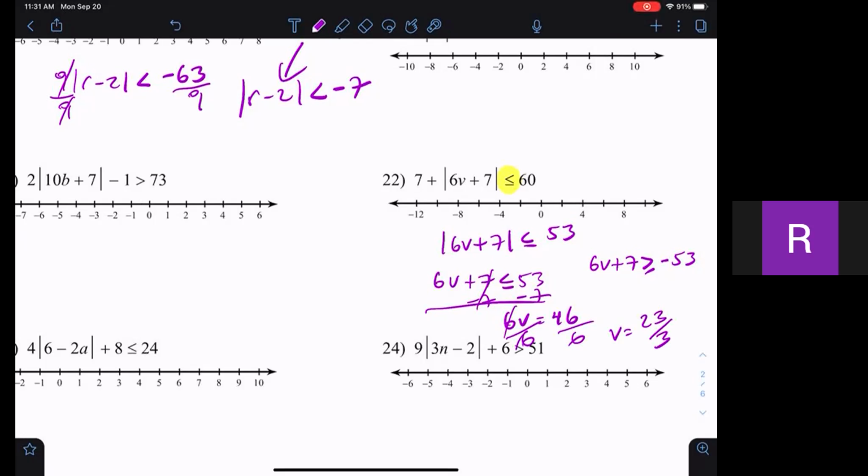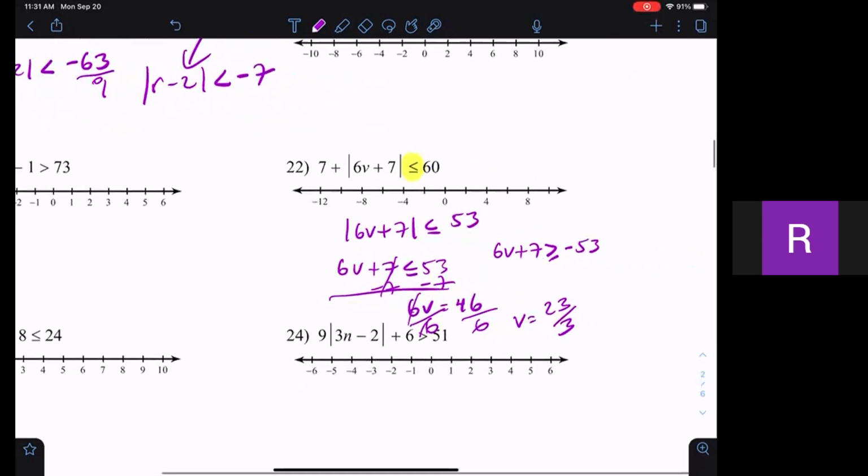And then the other one should be the same thing, just solve for the number. So this is 6b; subtract 7 on both sides and you get -60. Then divide by 6, and you get -10. So -10 is here, and the other one should be 23 over 3.